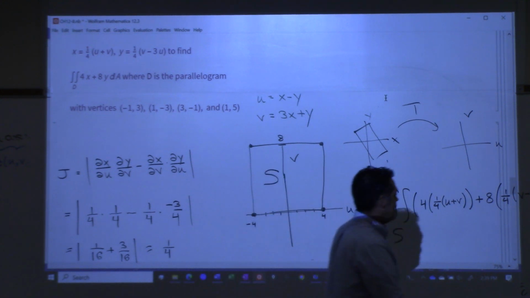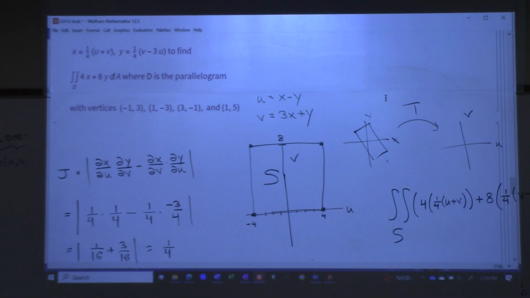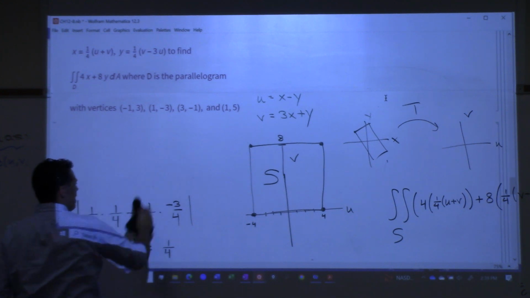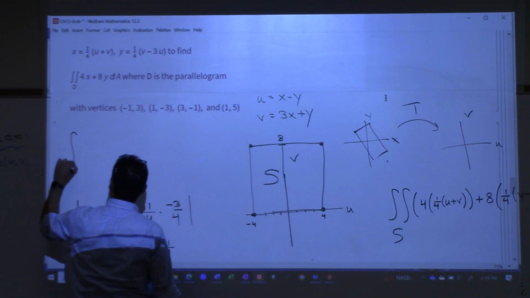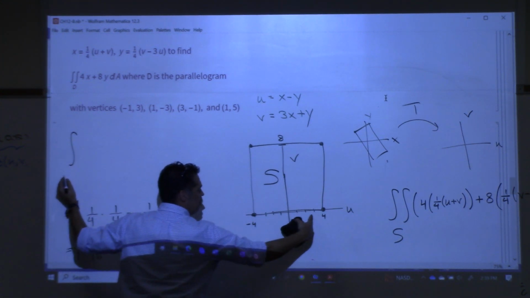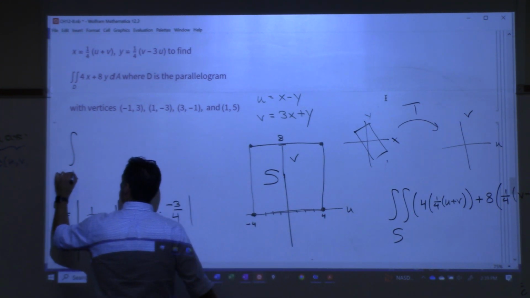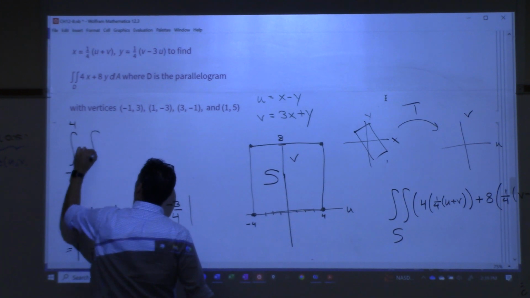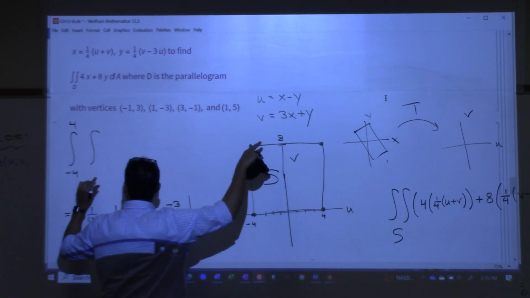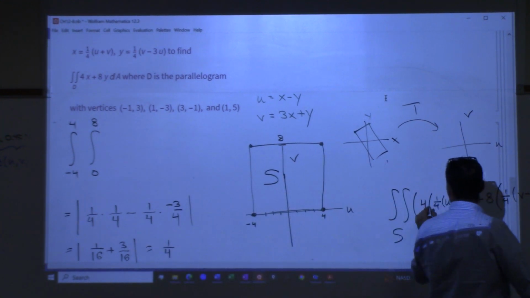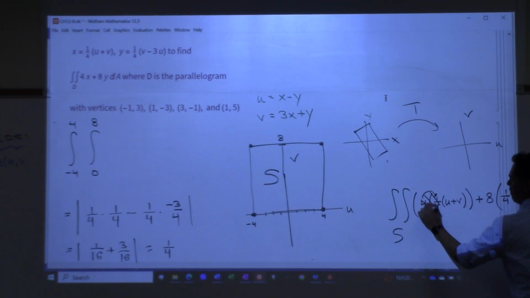All right, so let's tack that on right here, times 1/4 dA with respect to area. I've got 30 seconds and I can finish setting up the integral. So now the integral from, what variable is this? That's my u, so -4 to 4, and then this is my up and down, 0 to 8. This is actually pretty nice because that distributes there, the 1/4 and 4 are gone.